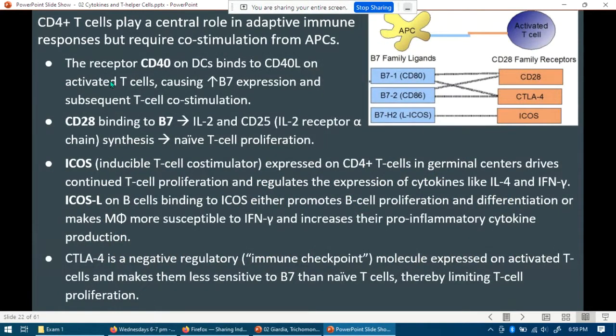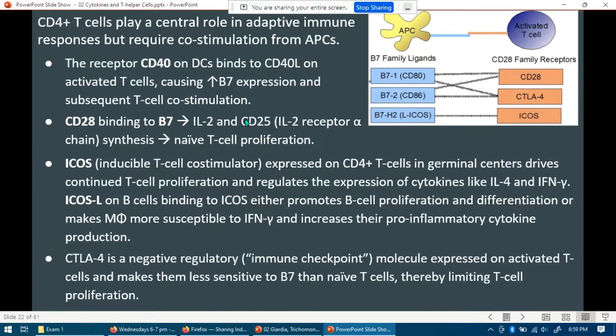And this slide is actually talking about some of the co-stimulatory signals that are involved in activating T cells. I told you about the CD40 one. I told you about the CD28 one. Specifically, CD28 is a co-stimulatory signal, but it allows for the production of a cytokine called IL-2, which is a growth factor for the T cell. It acts autocrine on the newly activated T cell to cause it to proliferate and make 1,000 copies of itself.